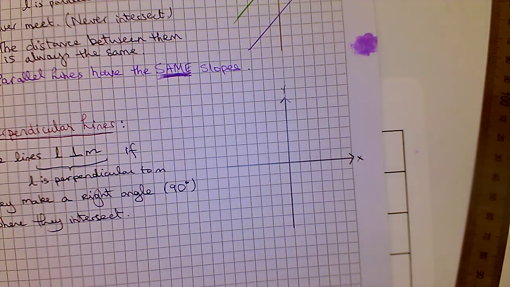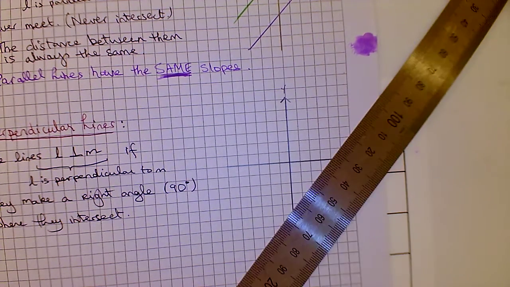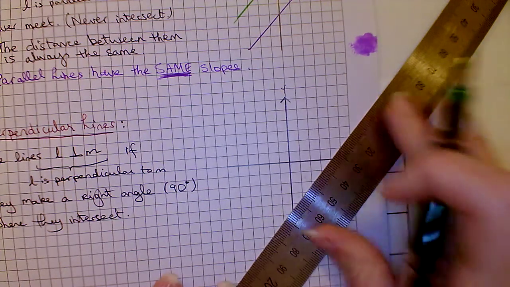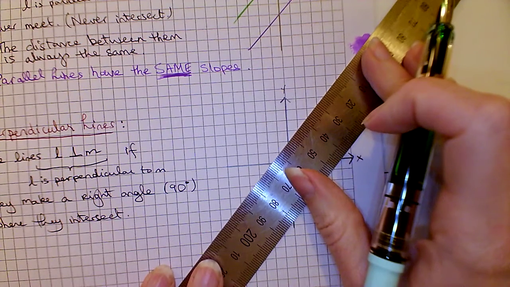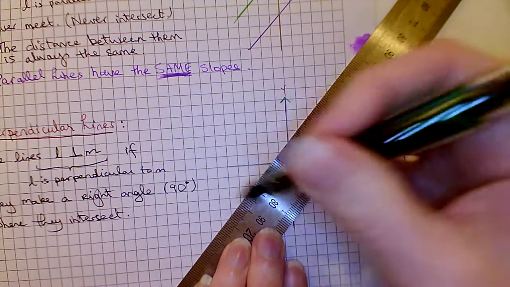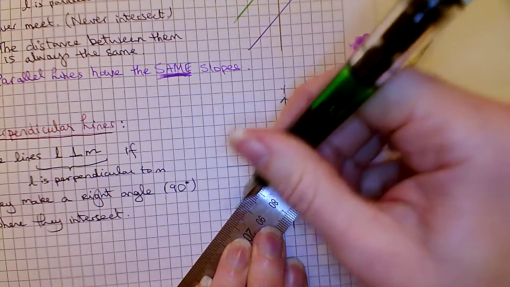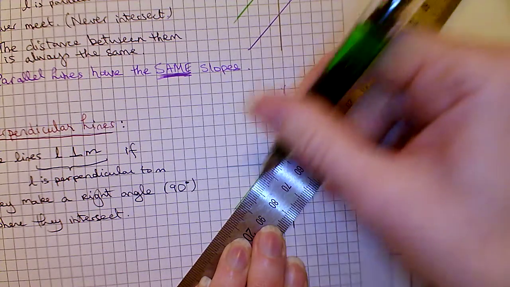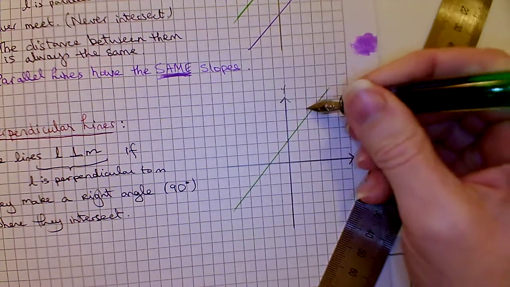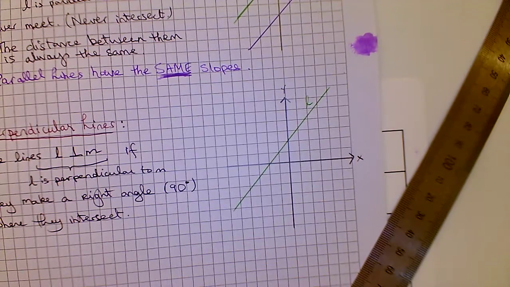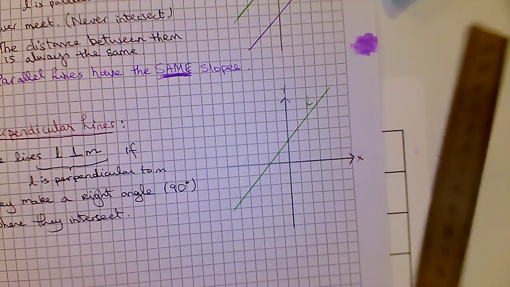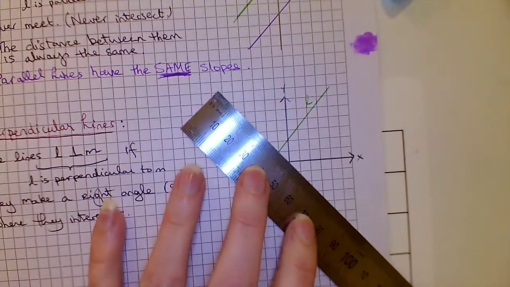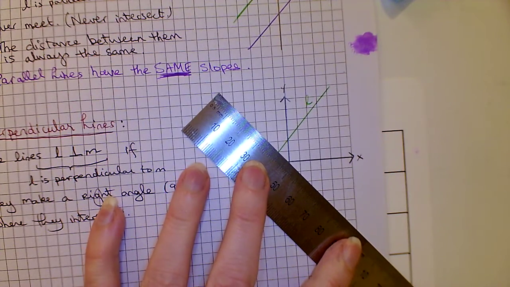Okay, what do they look like if we draw a picture of them? So again, I'm going to do a slope of 1, just because it makes it nice and easy to draw. So here's my line L. And if I want to draw a perpendicular line to L, it doesn't really matter where I put it, I'm going to do one going through here.